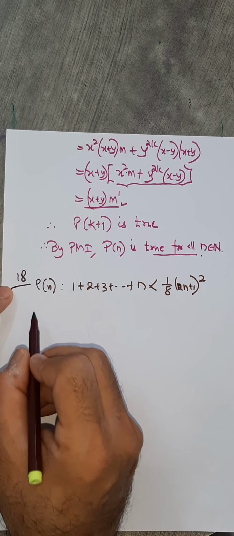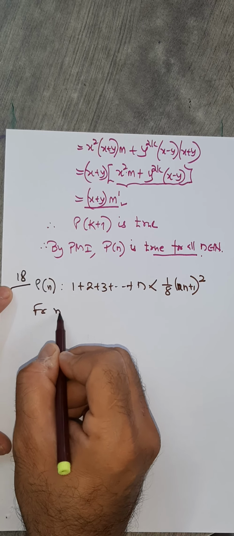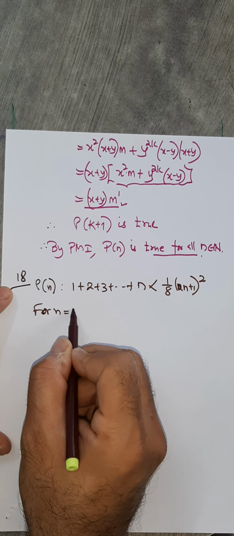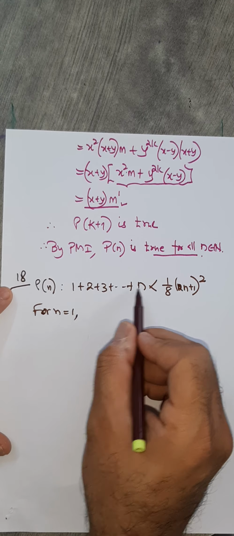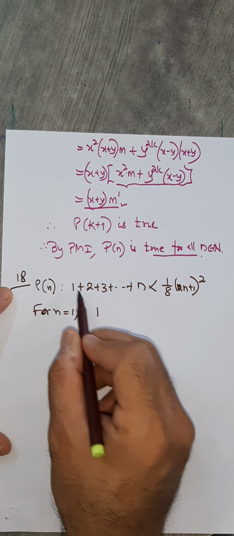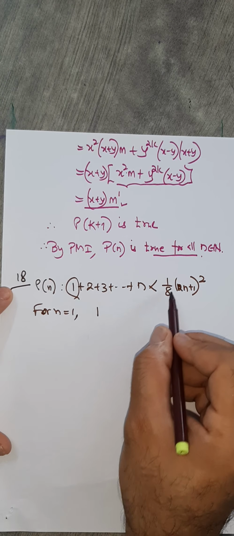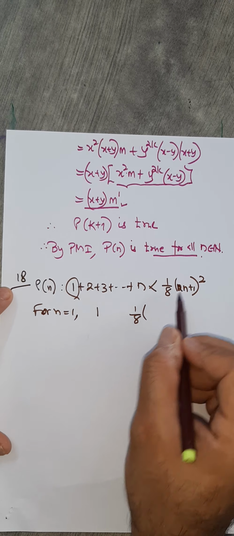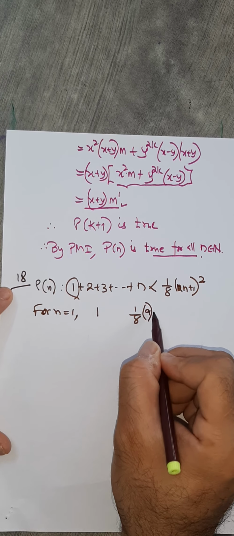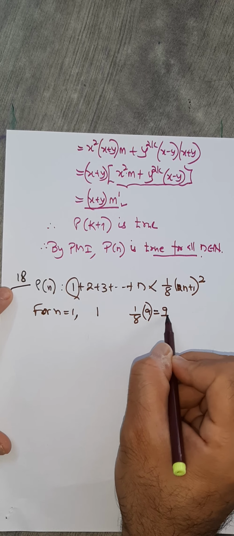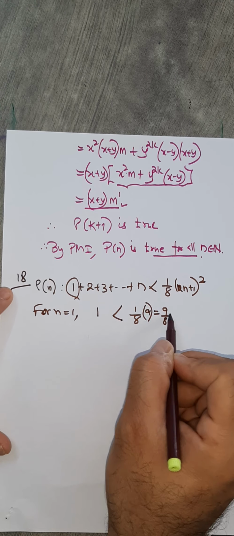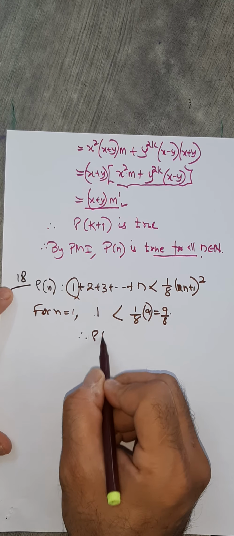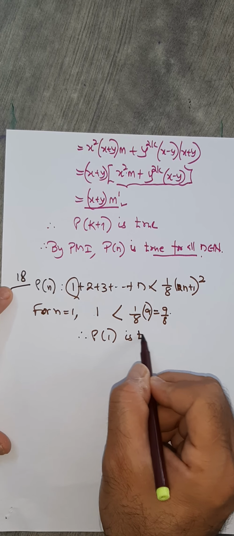So the first step, the procedure is the same, for n equals 1. If you put 1, LHS is just 1. What about RHS? 1 by 8, put 1 here, so 3 squared is 9. So 9 by 8, which is 1 point something. So obviously this is greater than 1, and therefore P of 1 is true.